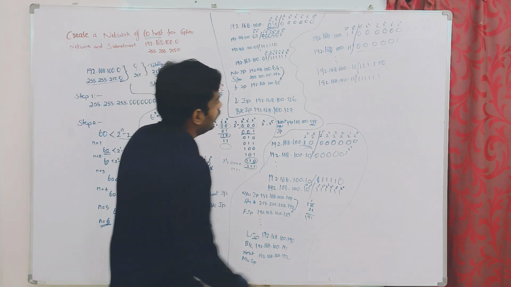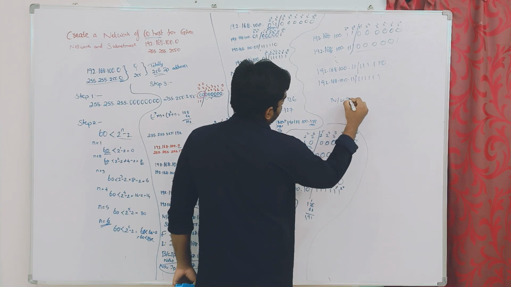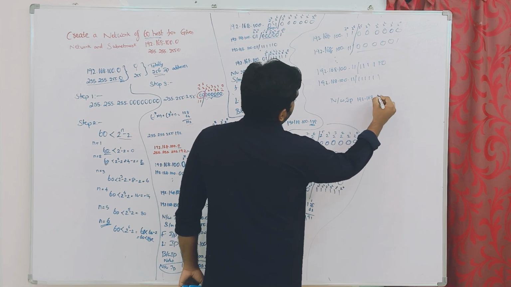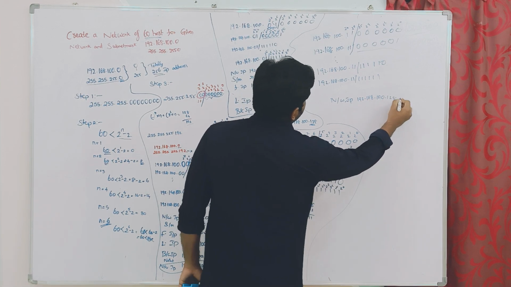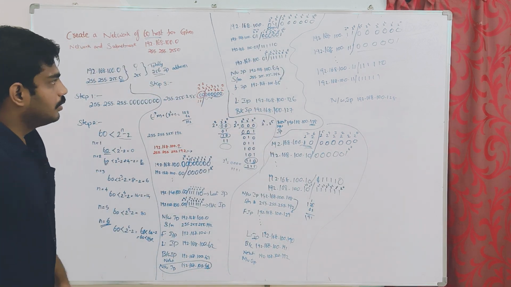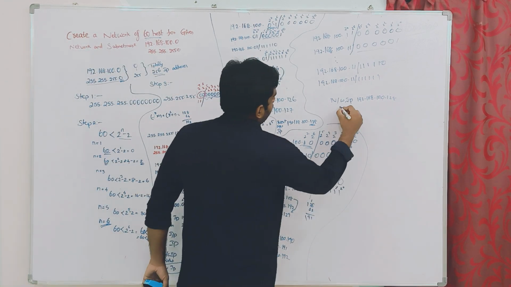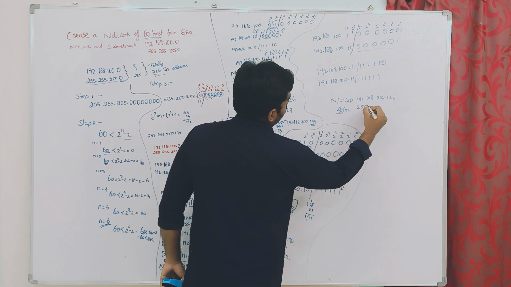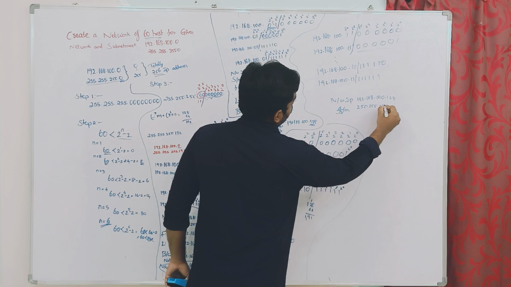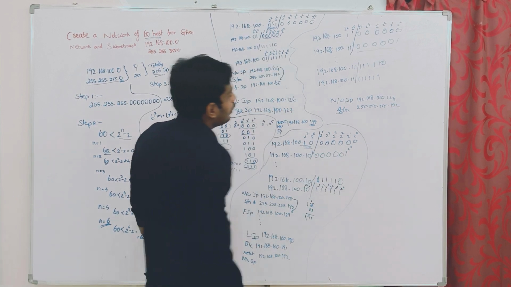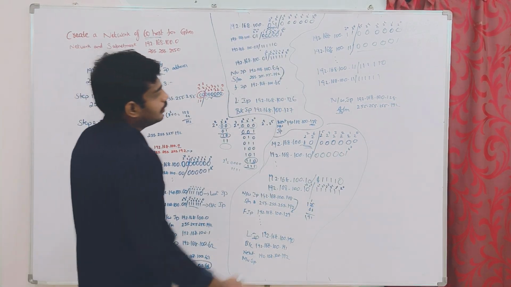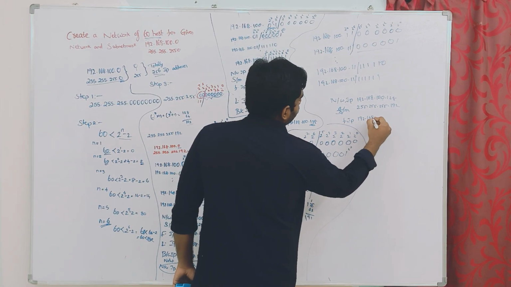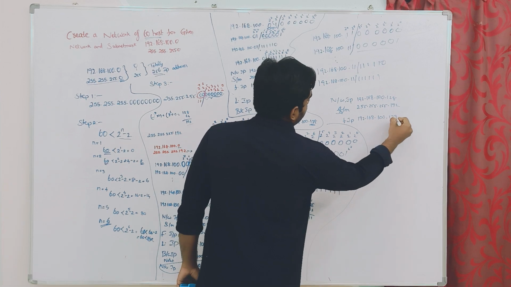Now what is my network IP? The network IP will be 192.168.100.128. So what is my first IP? So wait, subnet mask 255.255.255.192. What will be my first IP? My first IP will be 192.168.100.129.